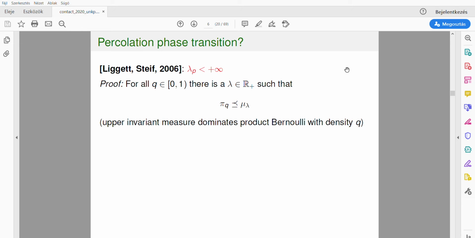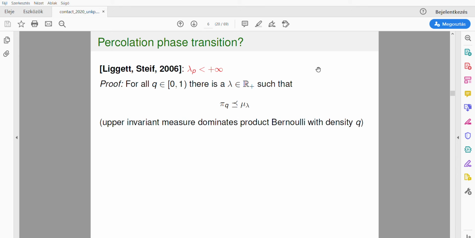Namely, what they actually prove is that no matter how you choose a density q between 0 and 1, and think about q being very close to 1, no matter how close that density is to 1, there exists an infection parameter big enough such that the upper invariant measure of the contact process is going to stochastically dominate a Bernoulli product measure with density q.